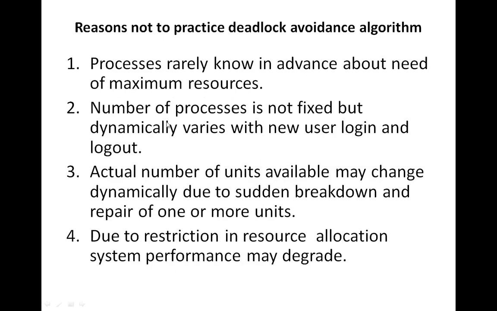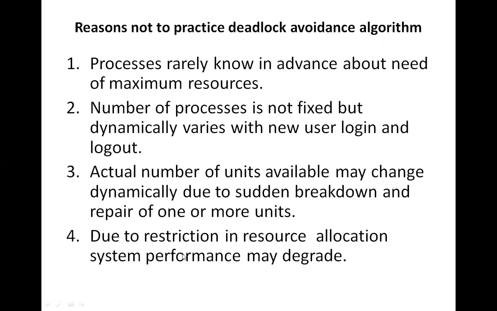The second is that the number of processes is not fixed. It may be three, and there may be a possibility of four. Three are working and one more process comes. It varies dynamically as a new user logs in or an existing user logs out. Third, the actual number of units available also changes dynamically, because some units of the resources may break down, and certain units under repair may become ready.